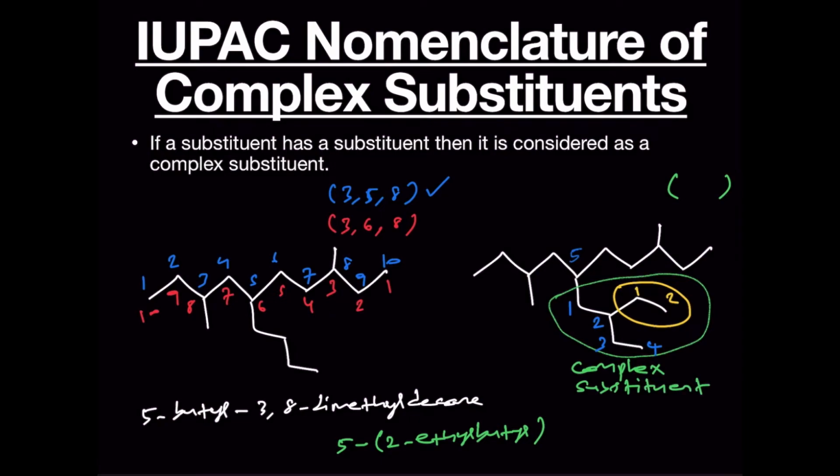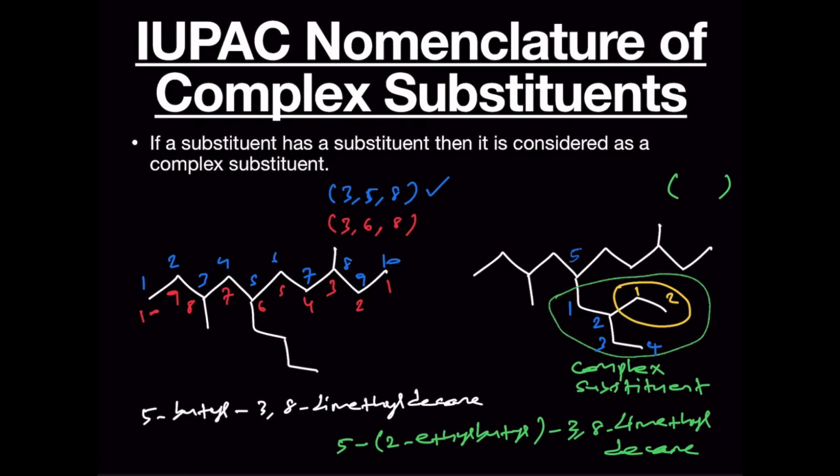So, we have done that, and then the rest of them will remain the same. 3,8-dimethyldecane. It's just one word, just a space is not there. So, that is why I just wrote down the decane below.